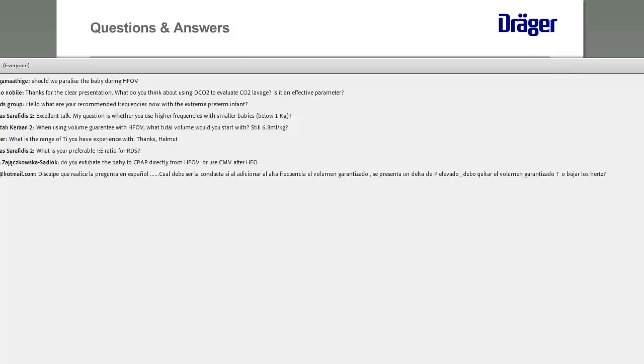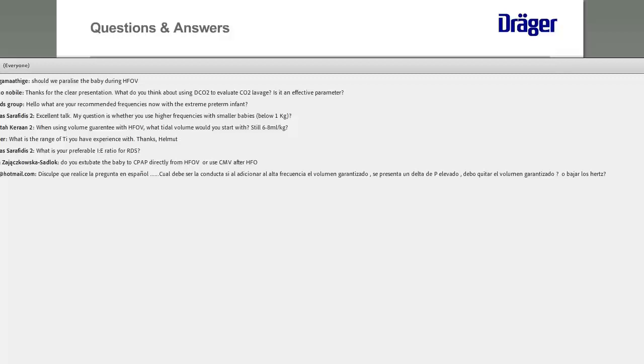And this dead space is 2.7 if you're having a normal lung. So anytime you use high frequency ventilation, you have to stay away from too high a tidal volume. So below 2.7 all the time at the beginning, and then try to set the lowest to prevent damage.